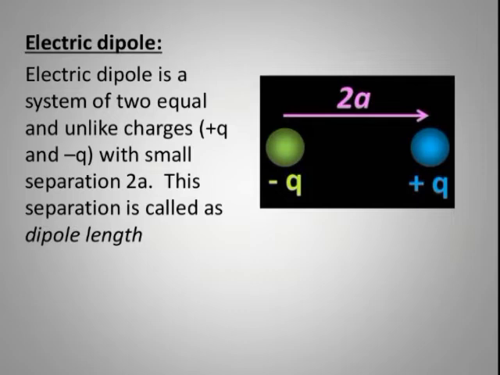Here we use the electric dipole as a small concept where we require to do some derivations, that's it. The only thing you should learn is that an electric dipole is a system of two equal and unlike charges separated by a distance.